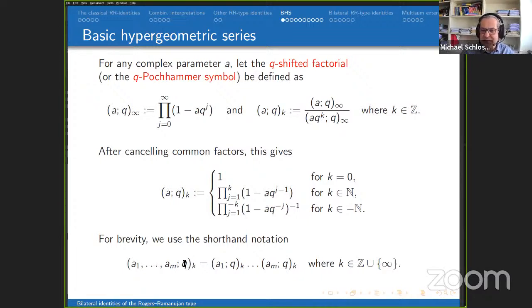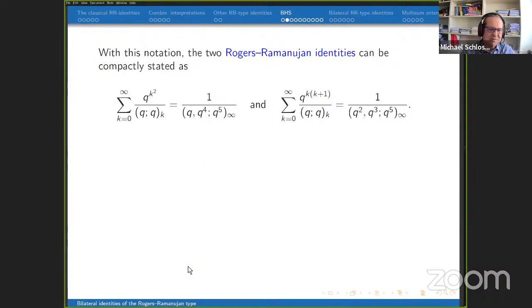So q is the base. I should mention that. And the word basic hypergeometric series refers to the base q, which is introduced in addition when extending hypergeometric series to the q-hypergeometric series. So you will see the definition of a basic hypergeometric series a bit later.